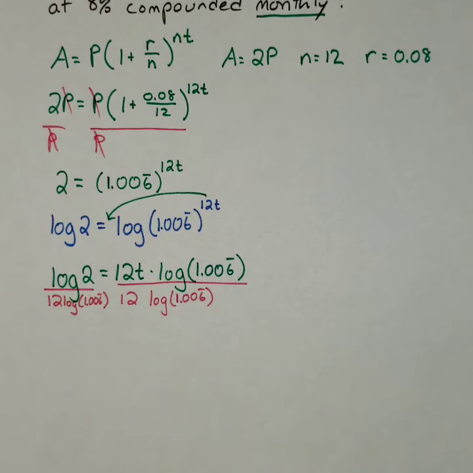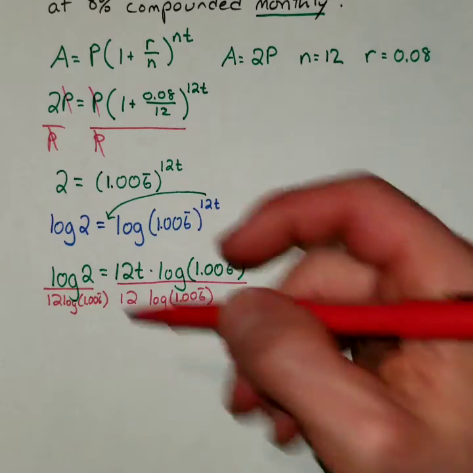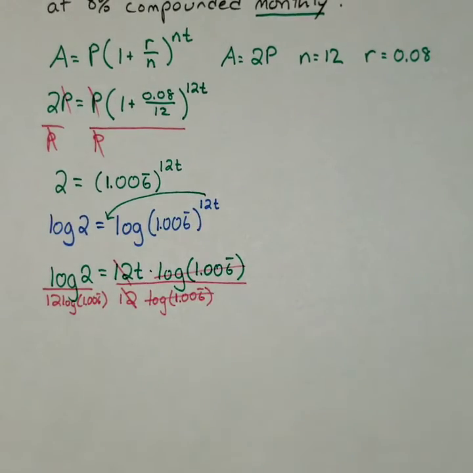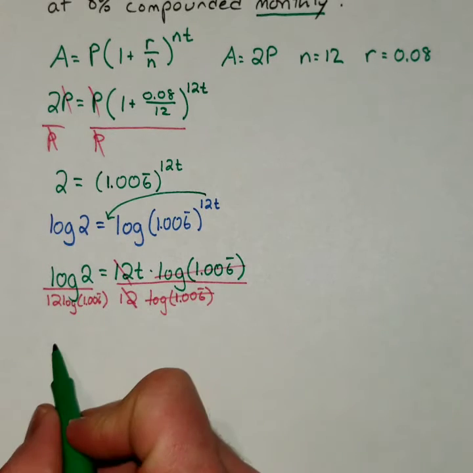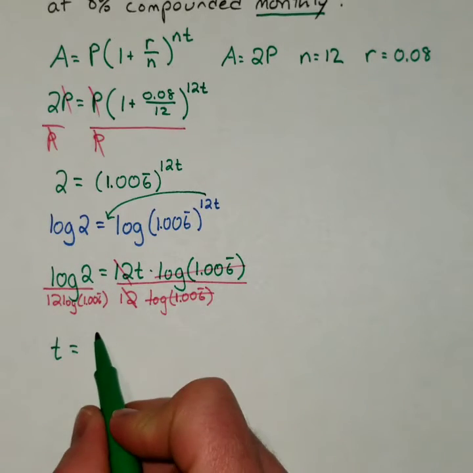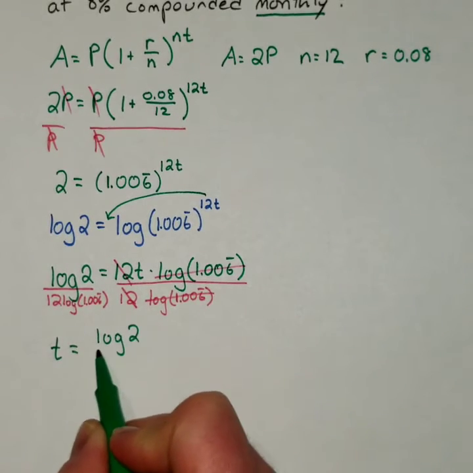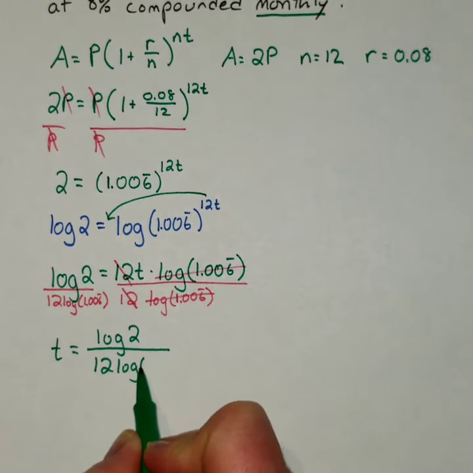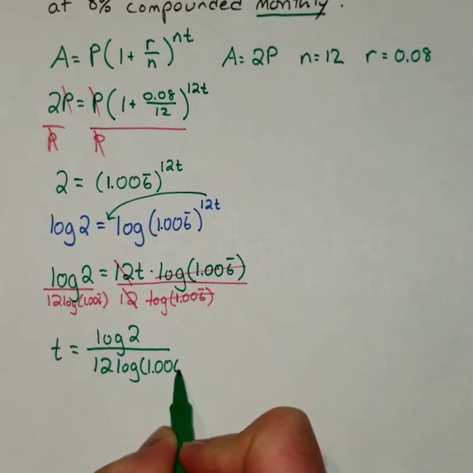Alright, so here again the 12s cancel, the logs cancel, and what I will be left with is a t value on that side, and the other side is this big combination of log of 2 divided by 12 log of 1.006 repeated.